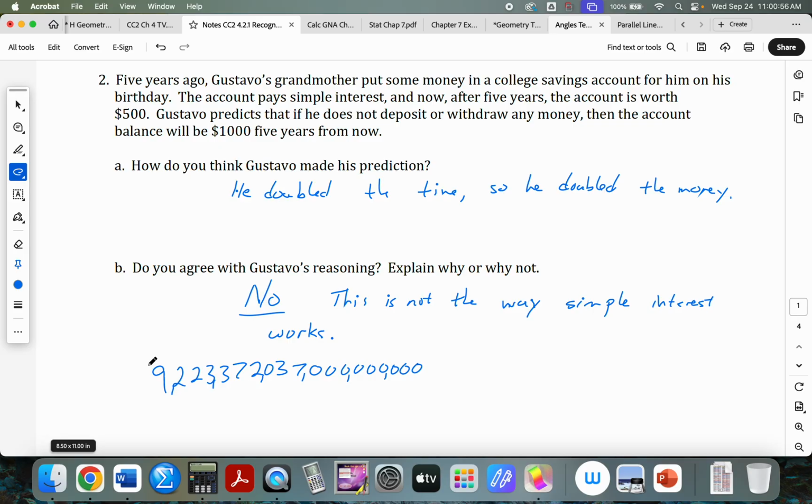So let's say you put $1,000 in the bank. And just to make it simple, let's say that they paid you 10% interest. All right? So 10% of 1,000 is how much? Okay, it's 100, right?